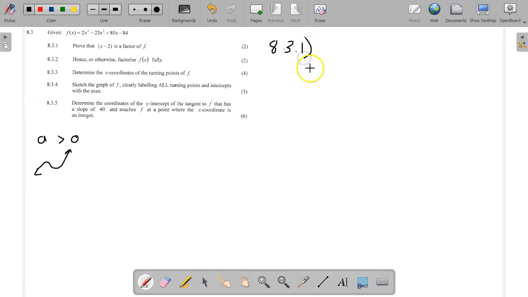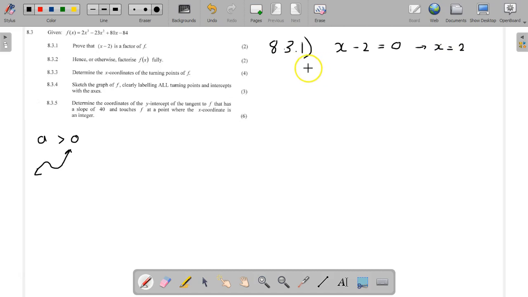So for 8.3.1, all I'm going to do is use the value of 2. If it was a root, we know that x minus 2 would be equal to 0, and that's the same for a factor. A factor is if I plug the value into the function, I will get an output of 0. So if I solve this, I know that x would be equal to 2.